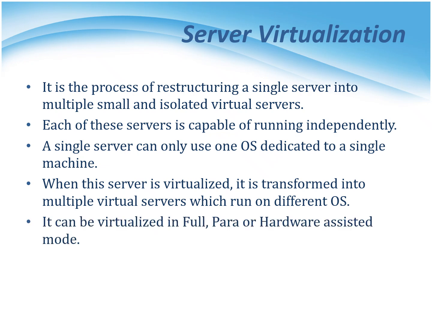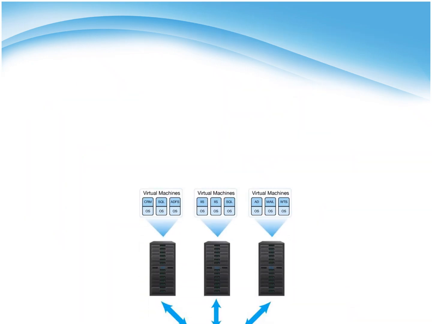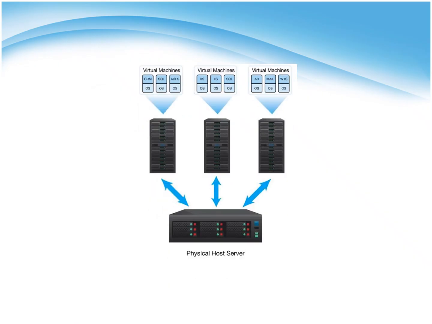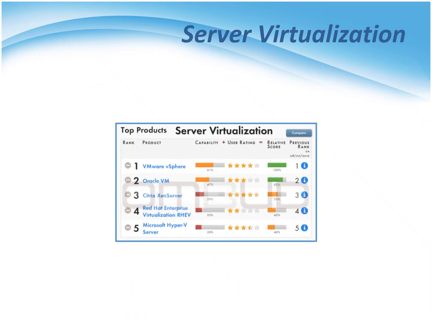It can virtualize in full, para, or hardware-assisted mode in any way. So this is the physical host server, and then there are different virtual machines that will host different virtual servers, and those can be shared with different clients. Server virtualization is increasing, with products like VMware vSphere and Hyper-V.